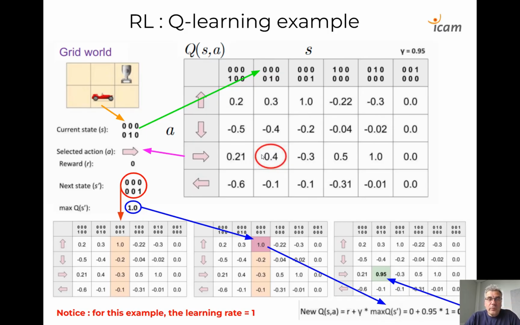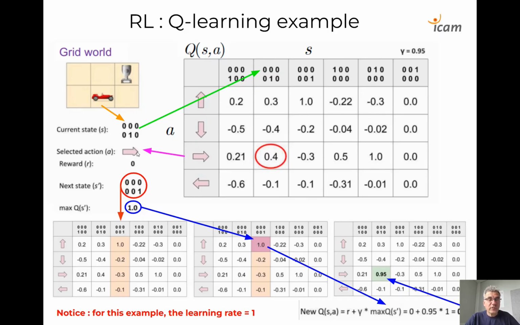Okay, so when you are on this state with this Q table, the first thing to do is to select which action to perform. To do this, we look at all the Q values here, here, here, and here, and we select the action which has the highest Q value. The highest Q value is here, so the next action will be go to the right.